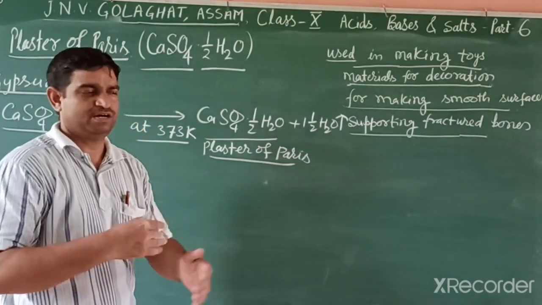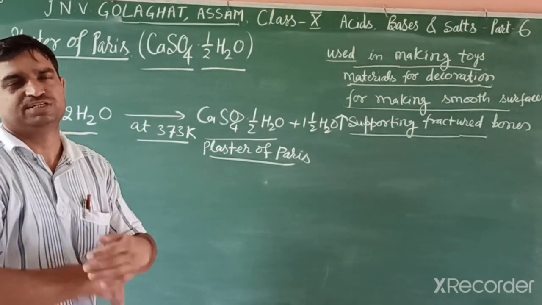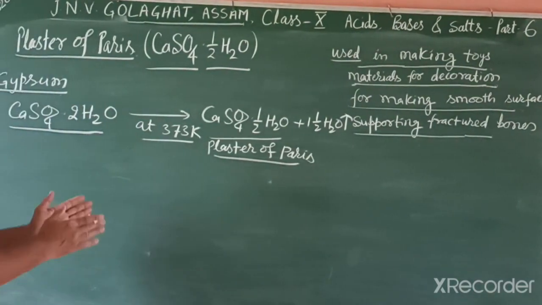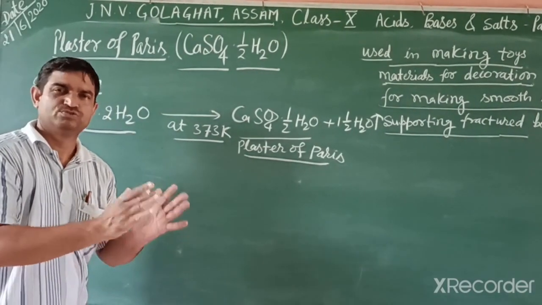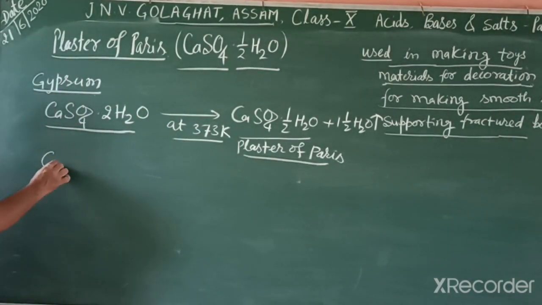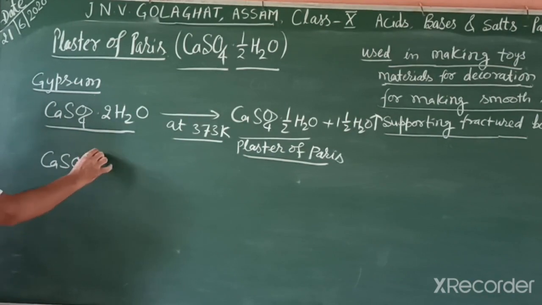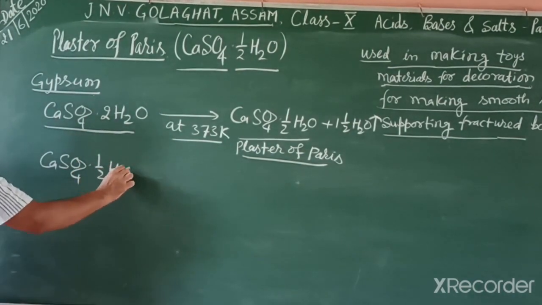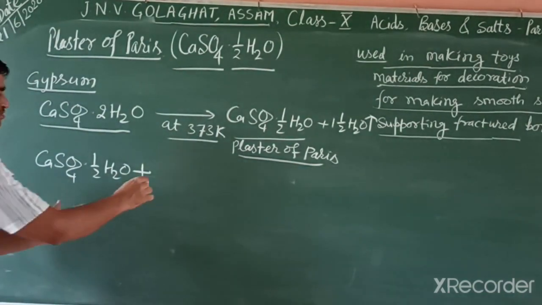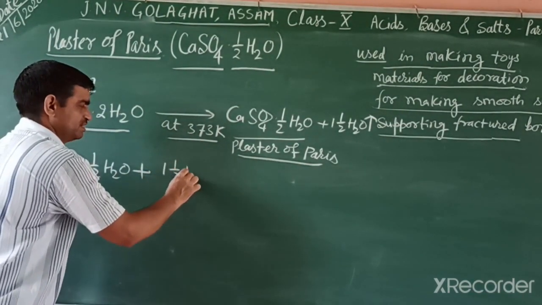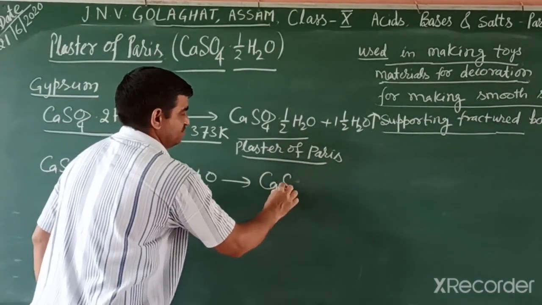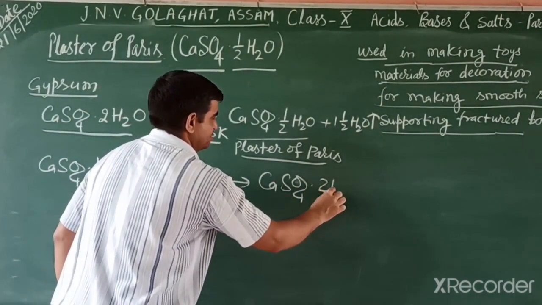But how does plaster of Paris change into a hard mass? Within some time it changes into a very solid hard mass. The reason behind this is that when we mix an appropriate amount of water, only 1.5 moles, with the calcium sulfate half hydrate, it again converts into calcium sulfate dihydrate.